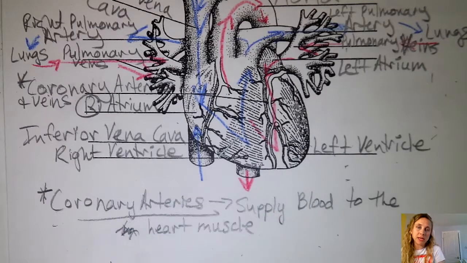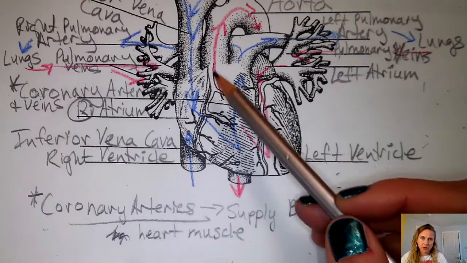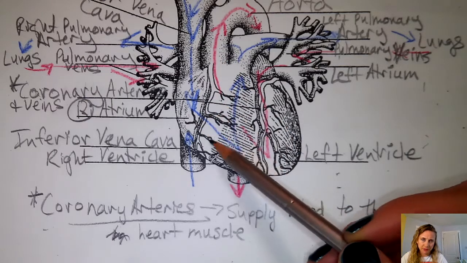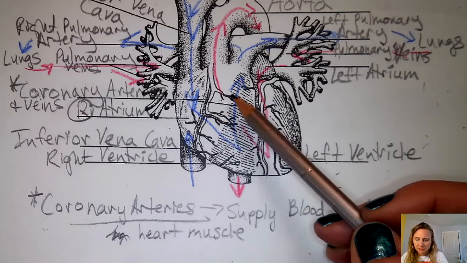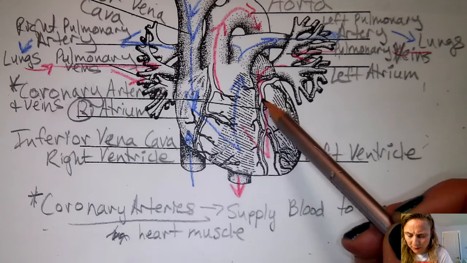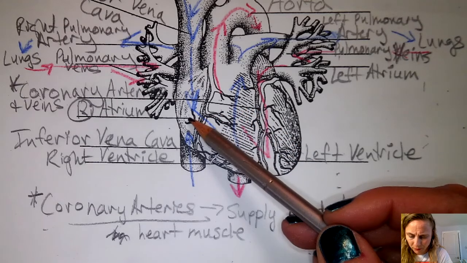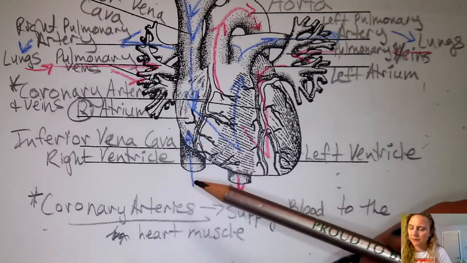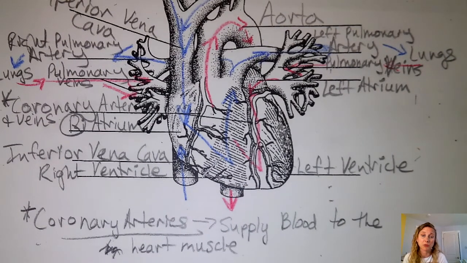And so it needs to make sure it has a good fresh supply that comes off the aorta, and you can see it feeds in there, and then the blood collects, and then there's a place that it feeds into, I believe, the right atrium to get its blood replenished, all blood oxygen replenished, we hope.